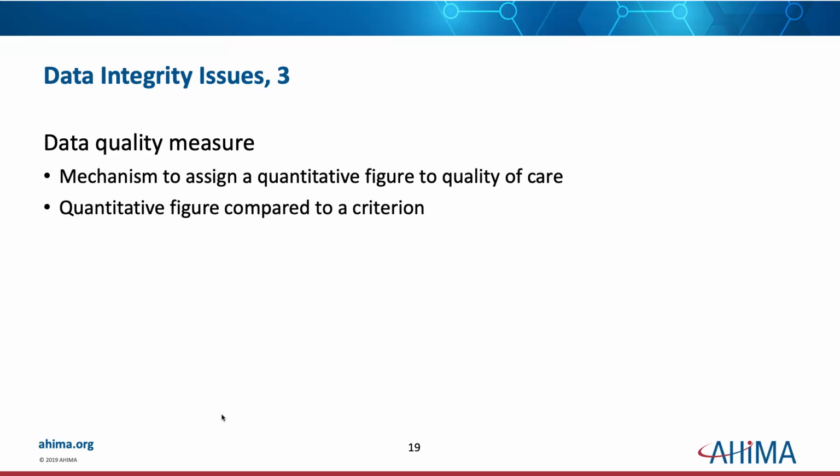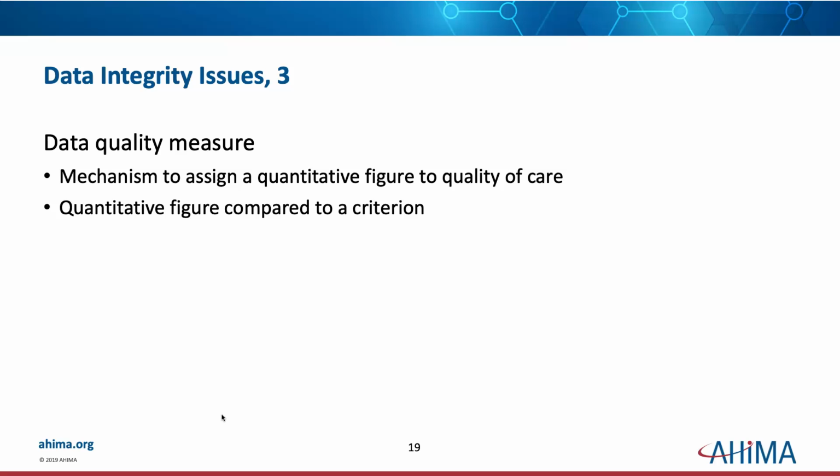Data quality measures. You want to look at data from a quality perspective, definitely, but there are data quality measures. They are meant to look at the quantitative side of the quality of care.